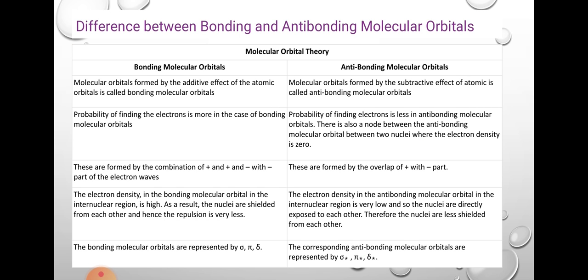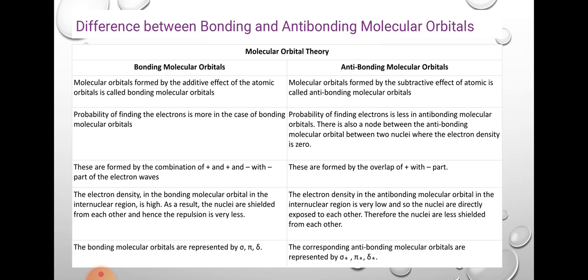If we see the difference between bonding and anti-bonding molecular orbitals, here are a few differences. Molecular orbitals obtained from the additive effect of atomic orbitals are called bonding molecular orbitals. Molecular orbitals formed by the subtractive effect of atomic orbitals are called anti-bonding molecular orbitals.